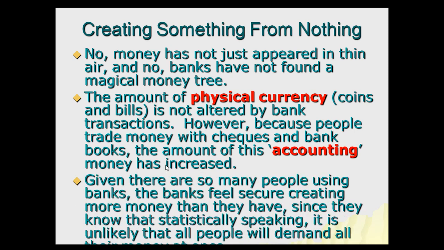Given that there are so many people using banks, they feel pretty secure doing this since they know that statistically speaking, and this is the critical variable, it's unlikely that all the people who have deposits in all different facets of life are going to come back and ask for all of their deposit money all at once. Even if one person asks for more than the reserve ratio, they'll still be fine so long as other people don't ask for very much, and ultimately they've got enough to cover the day-to-day requirements of being a bank.